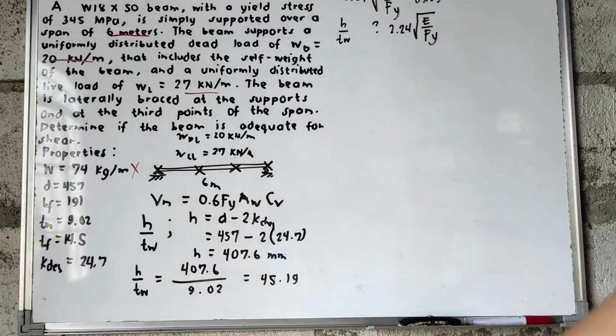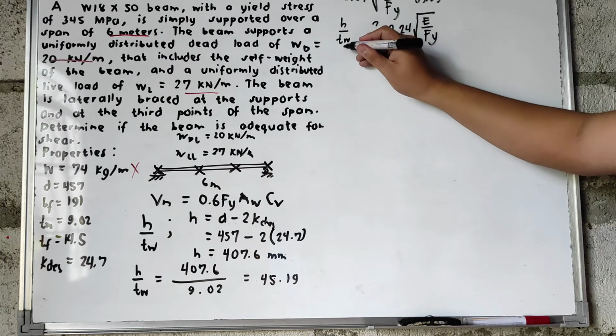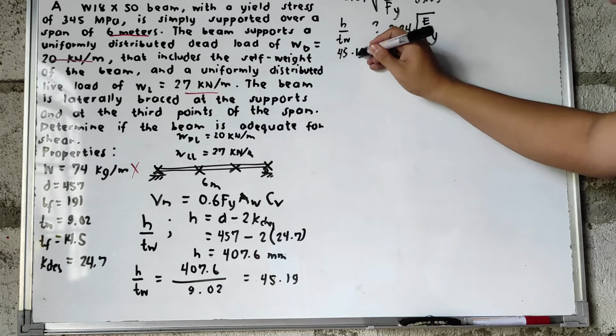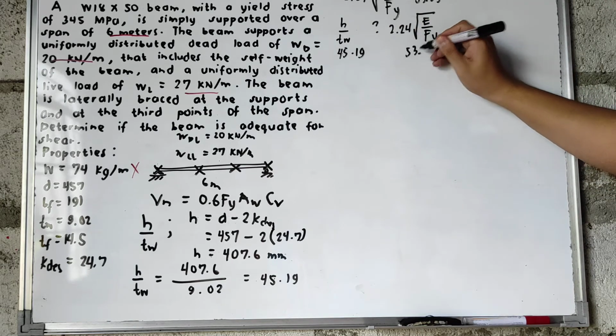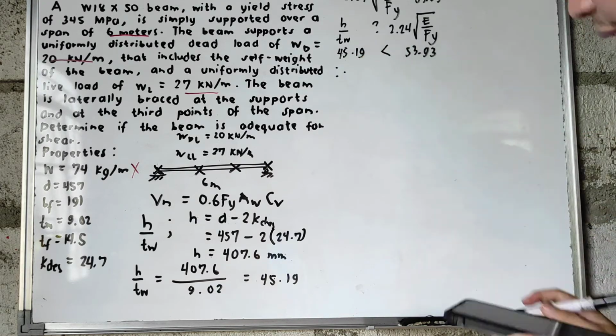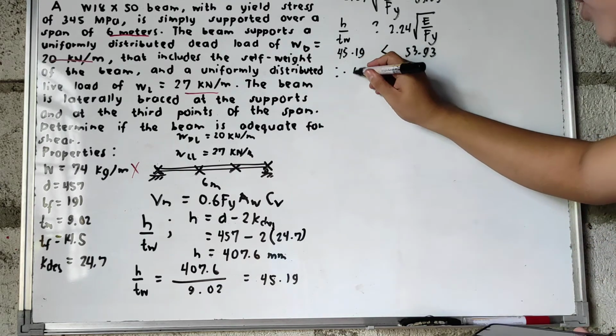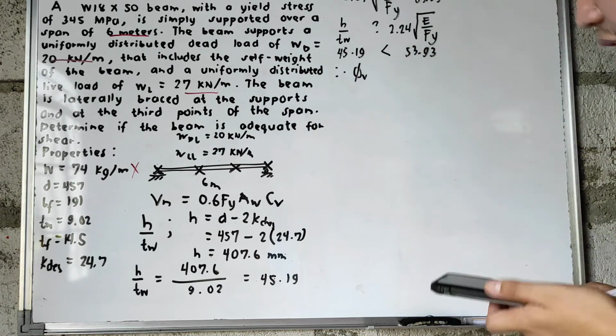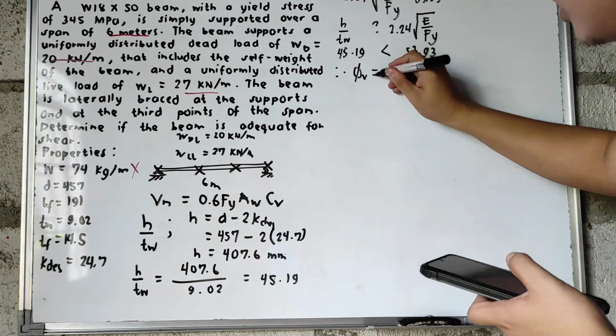So for this one, mapapansin naman natin, we have 45.19 and 53.93. So for this one, since less than yung h over tw natin, therefore, kapag less than siya, the value of your shear reduction factor is 1.0.